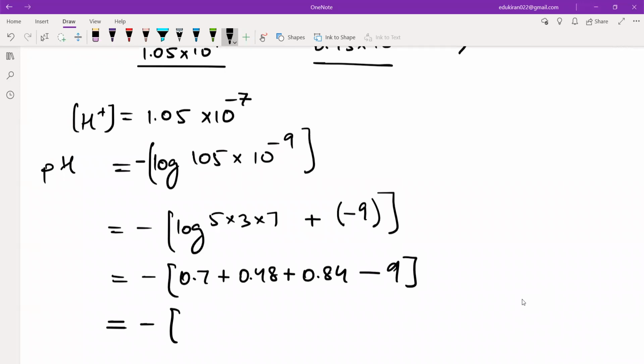Calculate this and tell me what is the answer. I think you will get minus 6.98, which will be equal to pH is equal to how much?